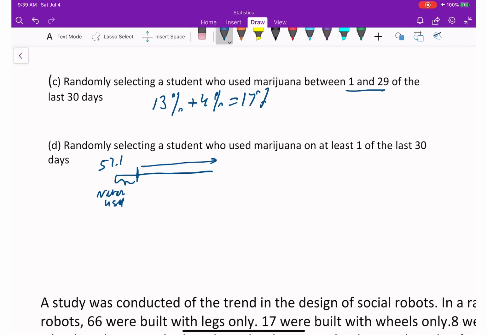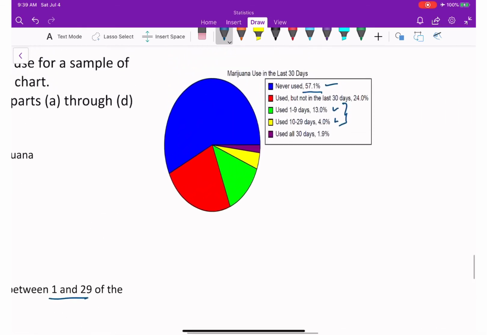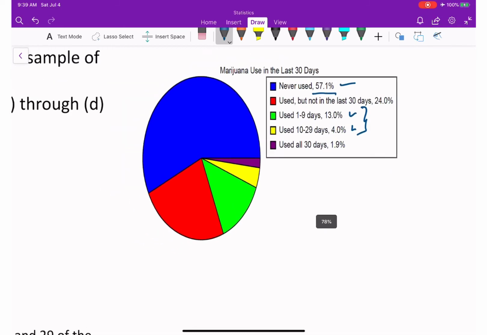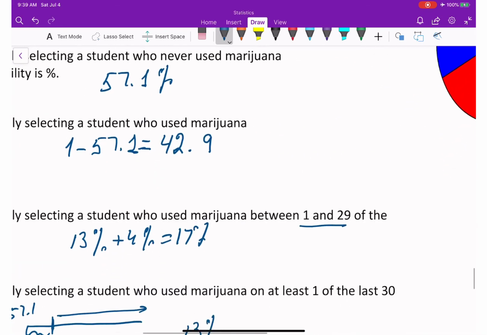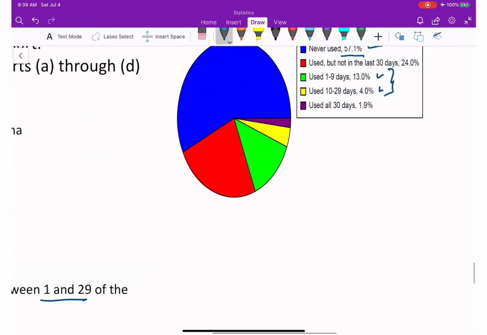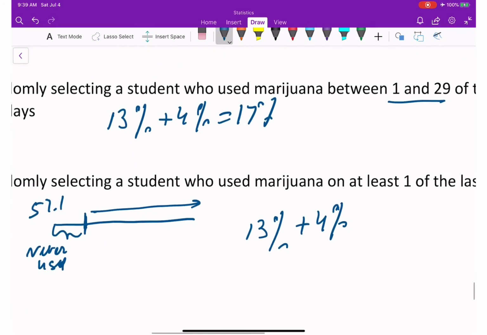To get at least once, we take the ones who smoked between 1 and 9 days, which is 13%, plus 10 through 29, which is 4%, and used all 30 days, 1.9%. That means you will get 18.9%.